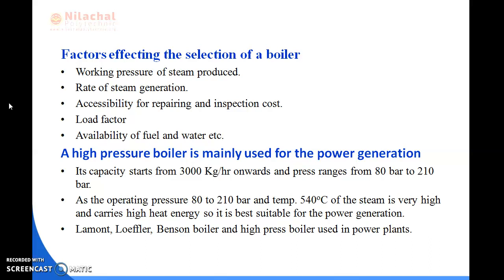And during the expansion of the steam inside the turbine, this energy will help to rotate the turbine shaft. So the amount of energy present in the steam is purely responsible for the power generation, and hence the high heat content steam will produce maximum power compared to wet steam or low pressure steam.